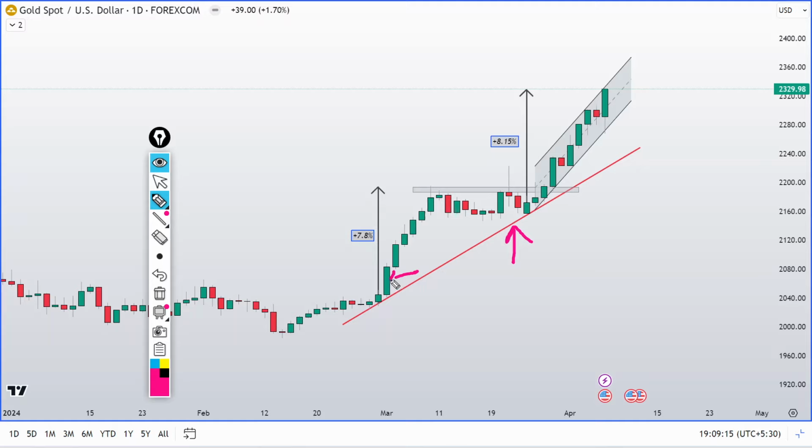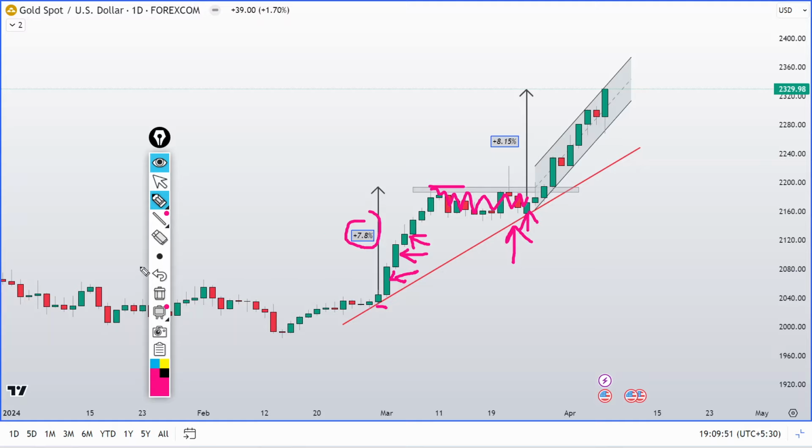You can see a clear bullish rally without any negative day, and after that much, that is 7.8% from this candle, we saw some retracement and consolidation like this. But again, gold price took support near this trend line, and after this gold price broke out from the consolidation and is now trading inside this parallel ascending channel.